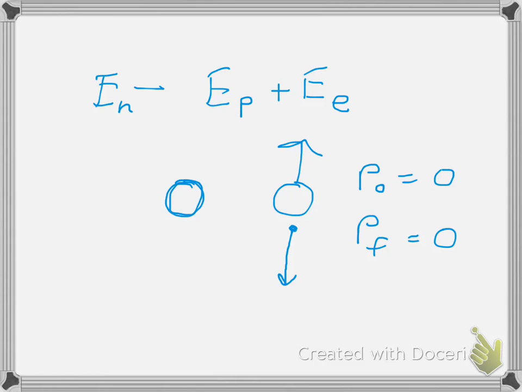That means these two particles must have the same momentum, and for that small electron to have the same momentum, it must have a huge velocity. Therefore, most of the energy is in the electron, because 1/2 mv squared equals EK, and velocity is a much bigger key player than the mass in this case, because it's squared.